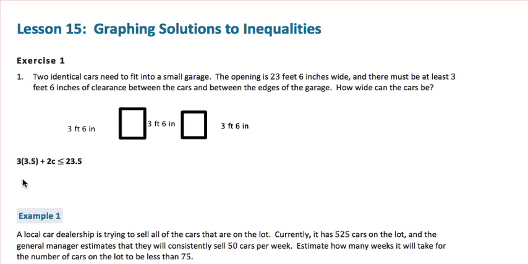And then once we have the setup, solving it isn't too difficult. Three times 3 1/2 is 10 1/2 plus 2c will need to be less than or equal to 23 1/2.